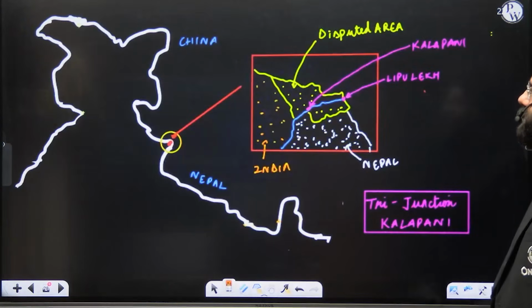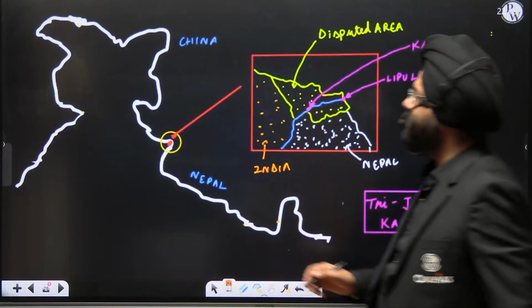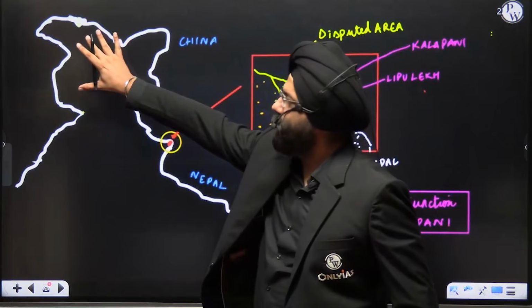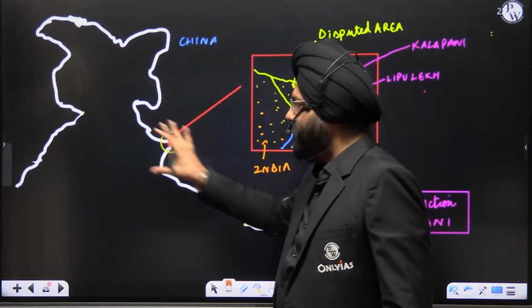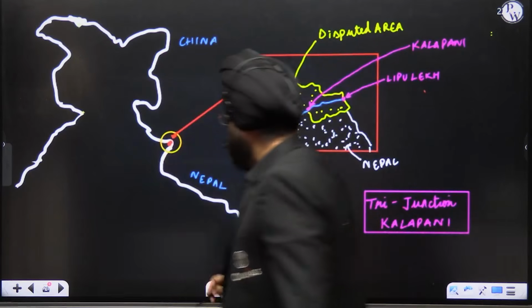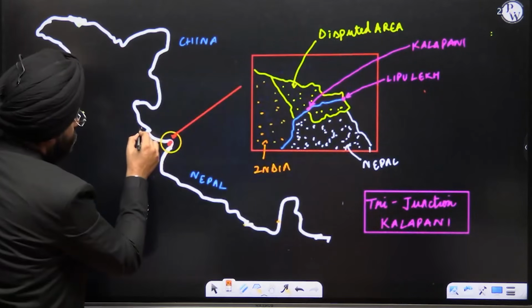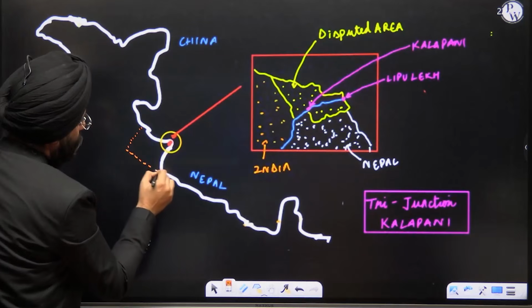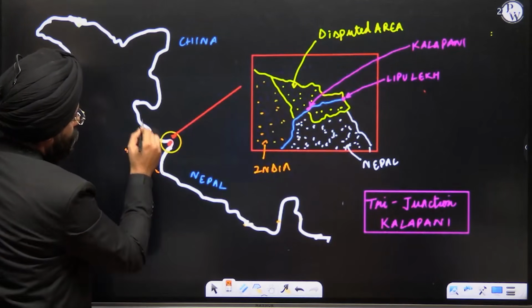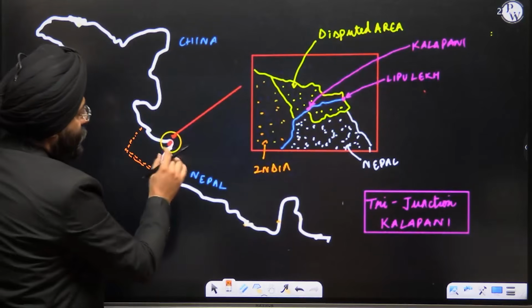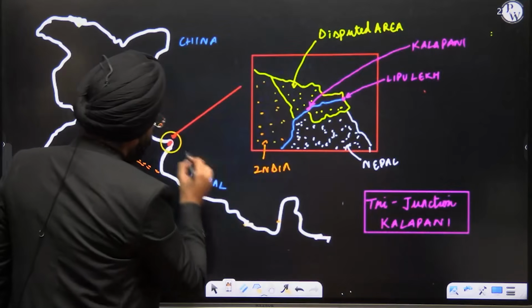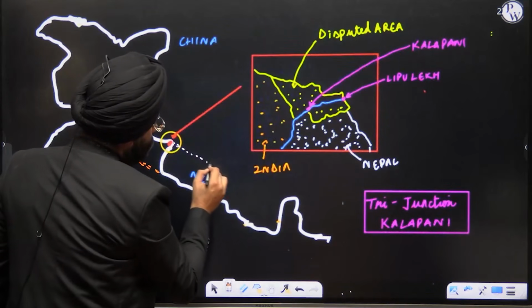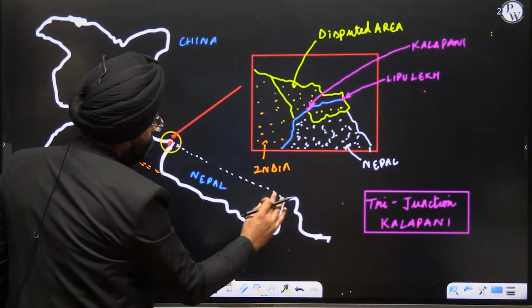Now comes Nepal. Let's move from the Jammu Kashmir region a little towards the middle part. This is the state of Uttarakhand, right? And you know this very well, this is Nepal.